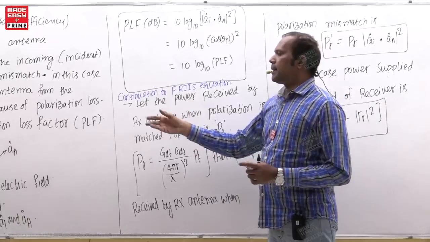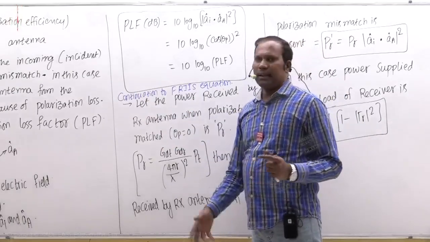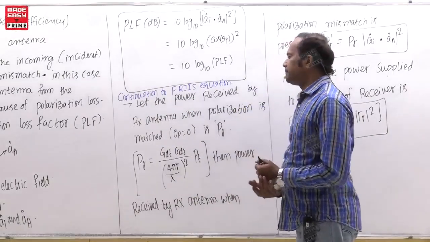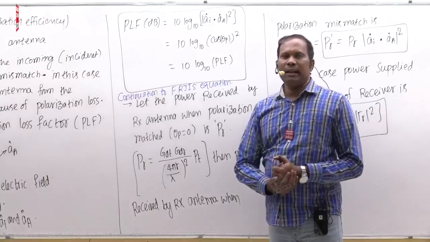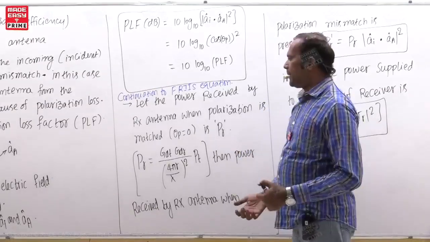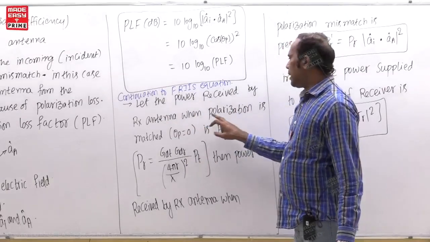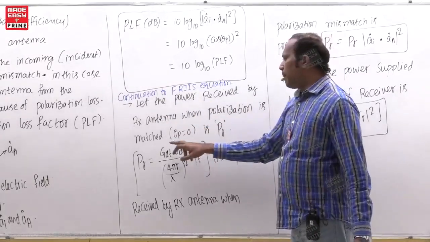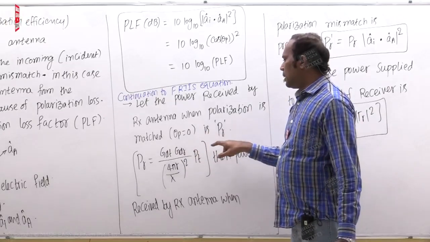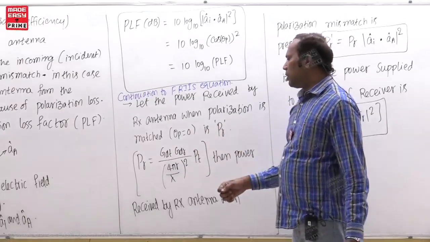Theta p 0 means the factor is equal to 1, there is no loss at all. That is the meaning. If the factor is less than 1, that means there is a loss there. Okay. So let the power received by the receiving antenna when polarization is matched, that means theta p is 0, be PR. That's what we have derived.